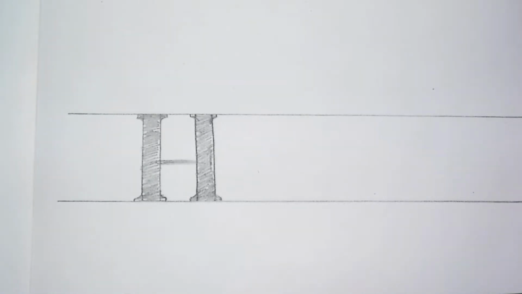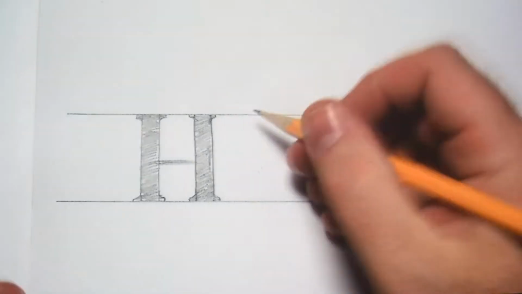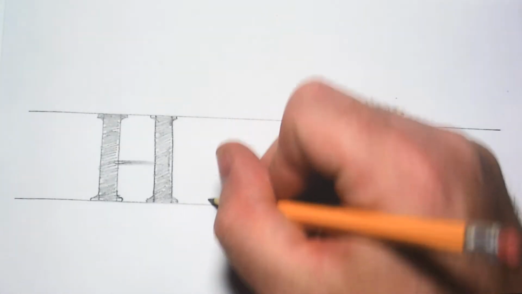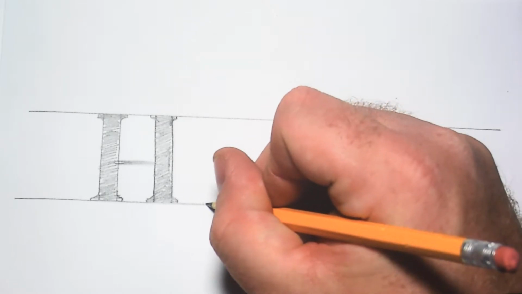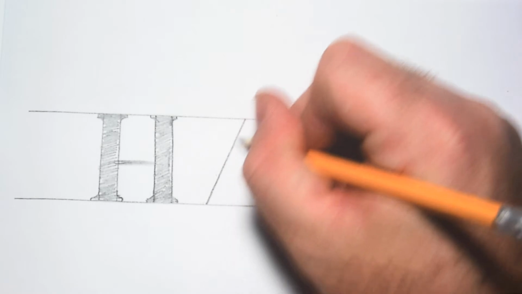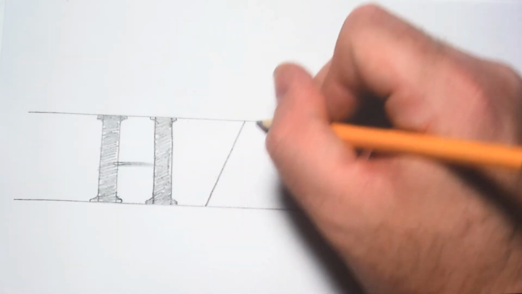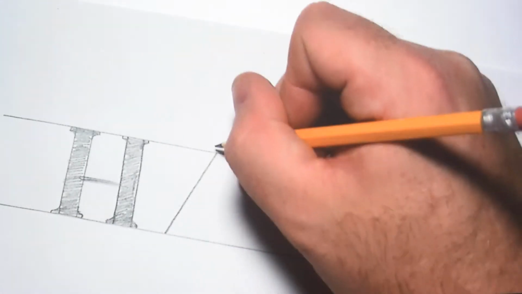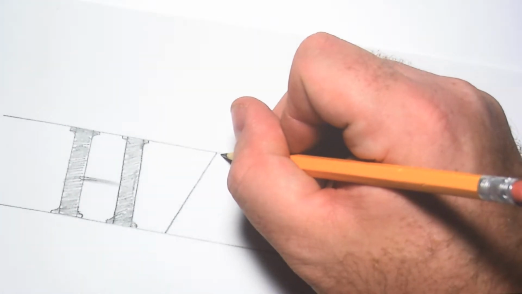Let's try an A, right? So remember, I want my weight to go on my downward stroke. So my upward stroke is going to be a single thin line, right? My downward stroke is really where that weight's going to go.